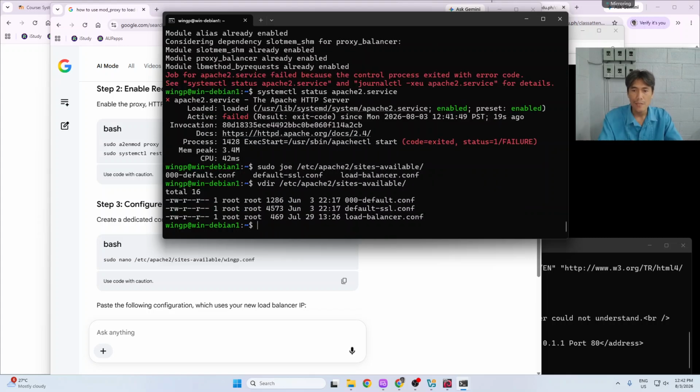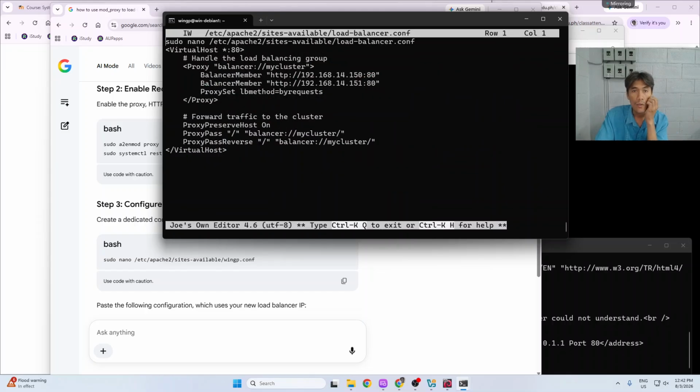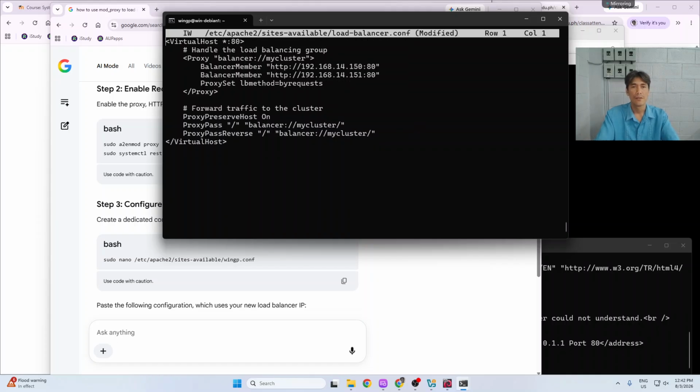So we edited something in ito. Okay, I think that's the problem. Now the IP addresses have changed. It used to be 150, 151. Now it's 16.